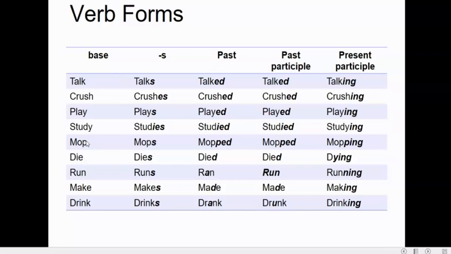All right? So that's what we were talking about in terms of the morphological construct of verbs in English. These different forms will occupy particular spaces depending on what we want to communicate, what we want to elicit in terms of temporality within our expressions.